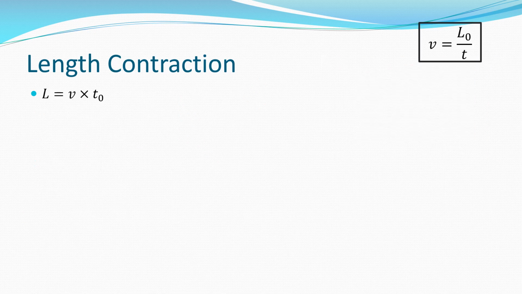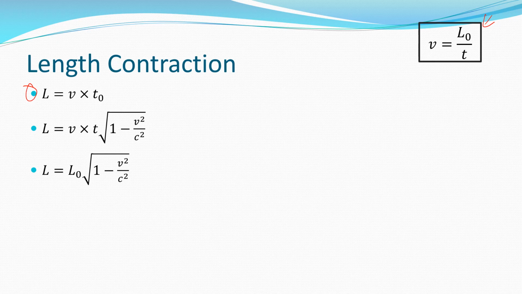Let's try it. So that's what we started with in the previous one. And we ended up at this point. So if we substitute in our formula for time dilation, we have that. Now let's see if we can start to rearrange this a little bit.